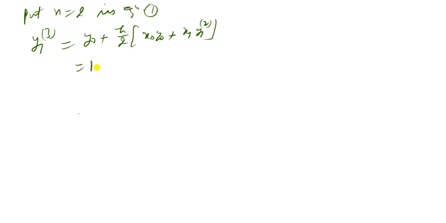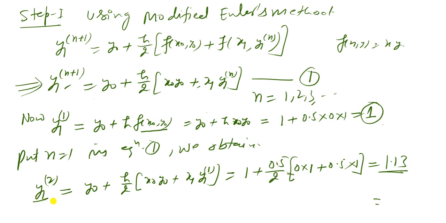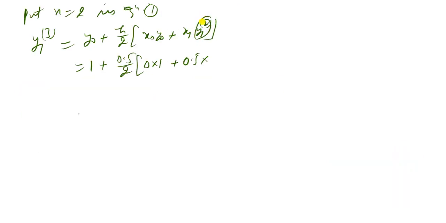So y0 is 1, h is 0.5 upon 2, x0 is 0, y0 is 1, x1 is 0.5 and y1 2 we computed as 1.13, so y1 2 is replaced by 1.13, and simplify this with the help of the calculator, then we obtain 1.14.